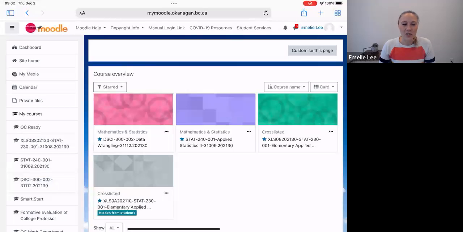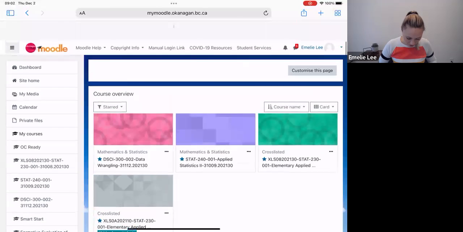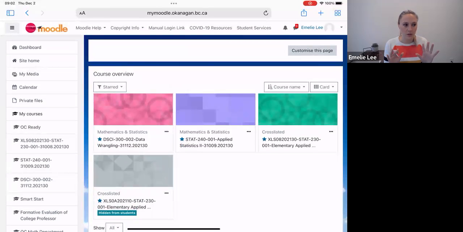Just to show you, we have some important stuff to cover today, so I'm not going to give you any time to work through it, but I'm going to show you where to find it. If I go to my Moodle dashboard, it might be one of the blocks.